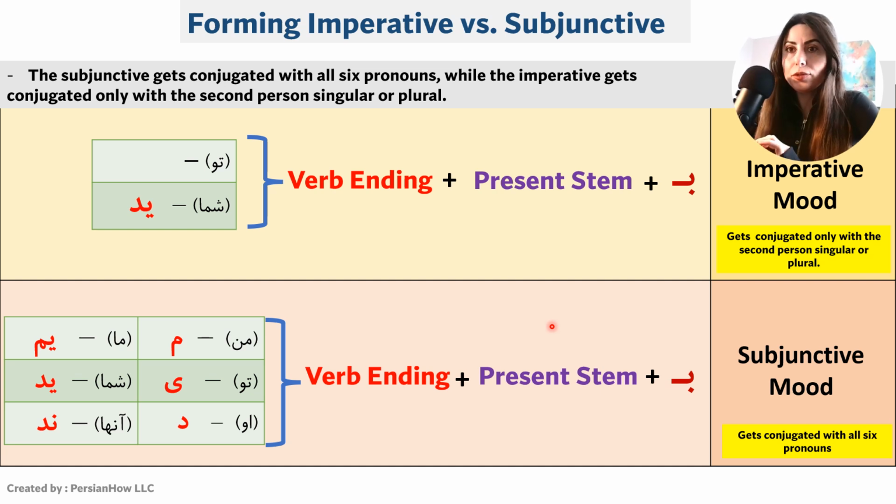So I don't know if you've noticed or not, but subjunctive is formed the same as imperative. So you see, it's kind of the same formula. There's just one difference. Imperative is a command, so it applies only to second person singular or plural. So for تو, there's no ending. For شما, this is the ending. But subjunctive gets all the other verbal endings.